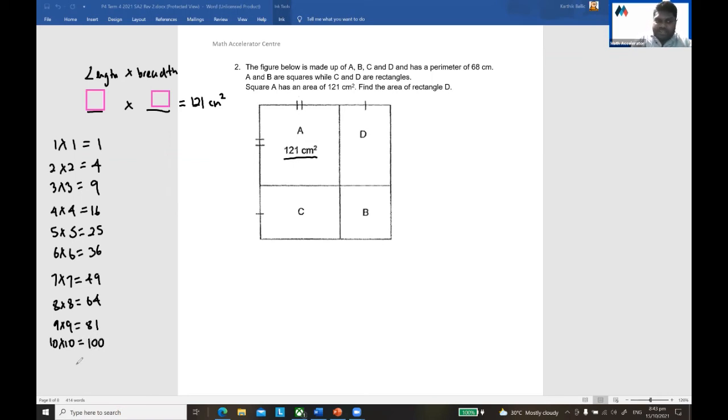Okay, why this is a little bit hard? Because there's one more. 11 times 11. What's 11 times 11? Yep, 121 cm squared. Therefore, the side of this square here is 11 cm.